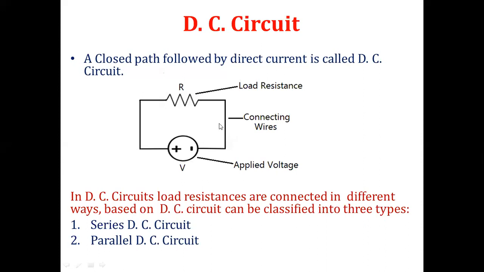If the resistances are connected in series, that one we are going to consider a series DC circuit. If the resistances are connected in parallel, then we are going to call that circuit a parallel DC circuit. The combination of series and parallel we are also going to discuss here. One resistance in series, another one in parallel, again one in series. This is the load resistance.